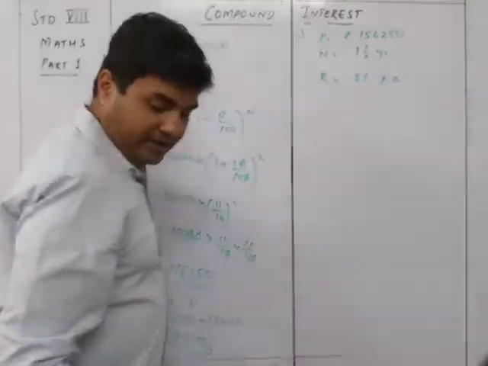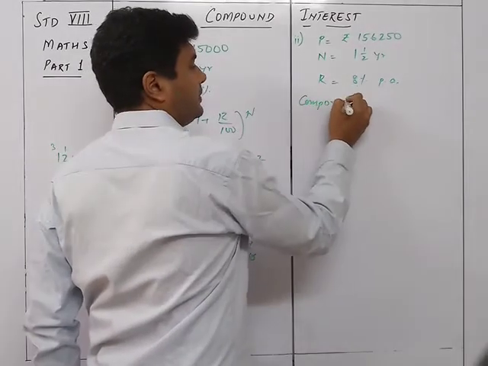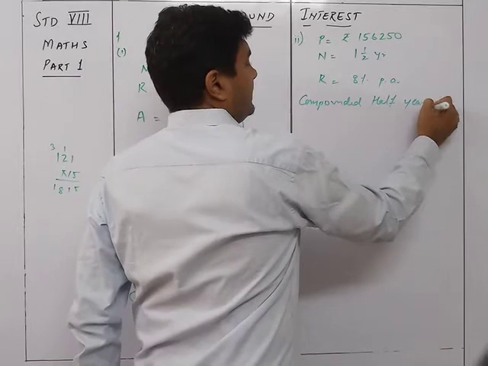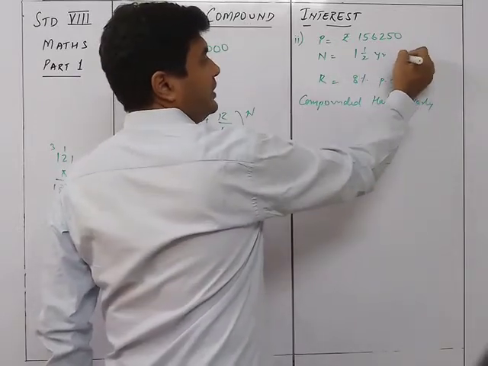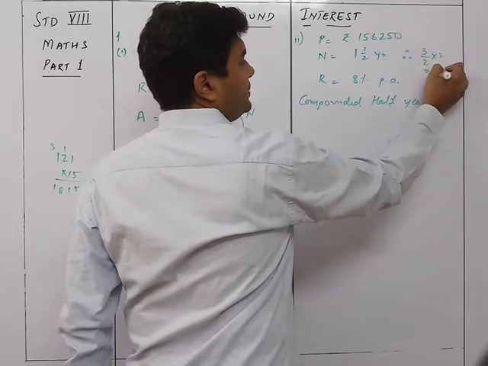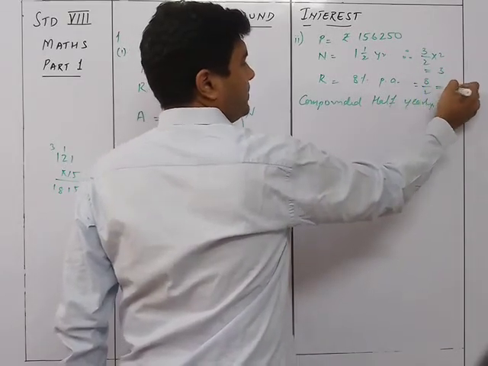Now, it is going to be compounded half yearly. So we change this. Therefore, this will be 3/2 into 2 is equal to 3. And the rate will be 8/2 is equal to 4%.